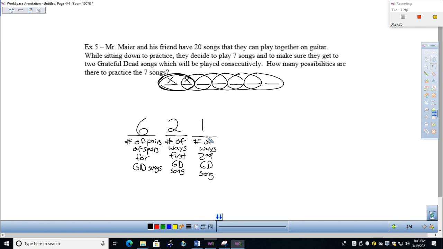Now if you look at this stage, and this is why I like putting the X's there, we figured out the Grateful Dead songs are in. We know where they're going to be played. We know how many ways that they can be played.